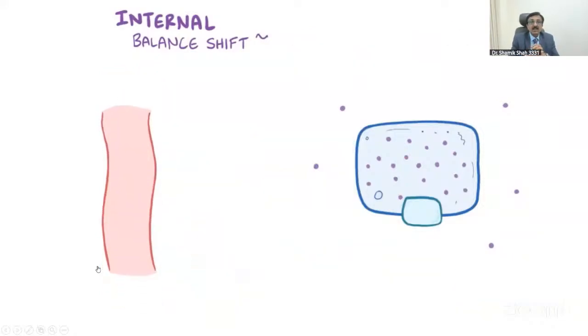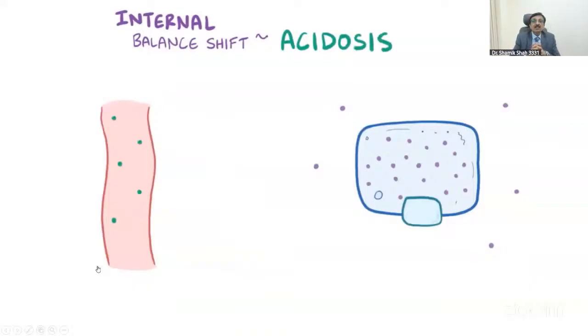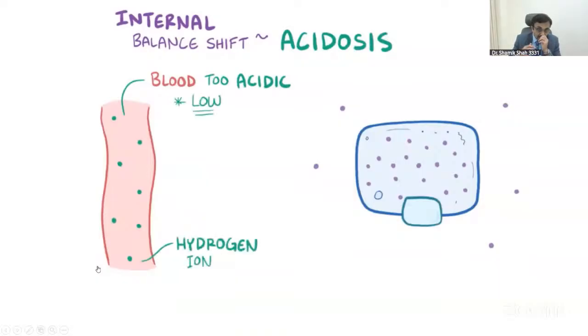Another important cause is metabolic acidosis, when the blood is too acidic or there is increased hydrogen ion in the blood. So obviously there is a low pH, and the body tries to maintain the balance by activating the potassium hydrogen exchanger.